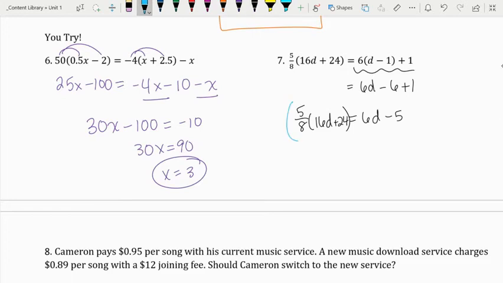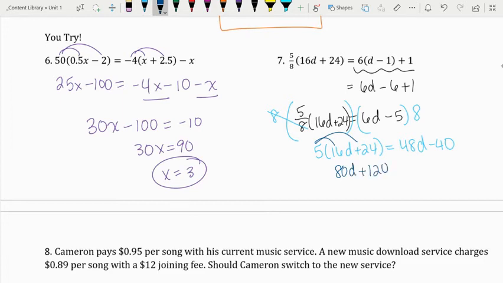Now I'm going to multiply both sides by 8. So this side, it goes away. We're left with 5 times 16d plus 24. And then on the right side, we have 48d minus 40. Distribute the 5. We have 80d plus 120 equals 48d minus 40.